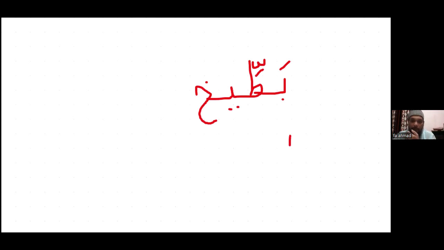So first ta is sakin, right? And second ta is kasra. Battikh. So in mushaddad letter, if you open, you will find first letter sakin and second letter maybe fatha, kasra, dhamma. Here is battikh.